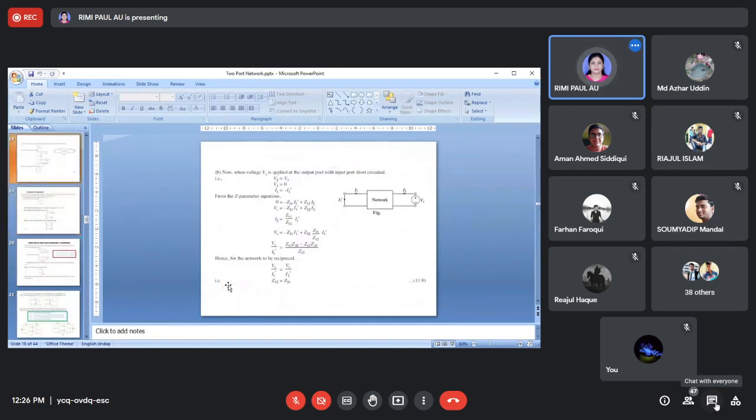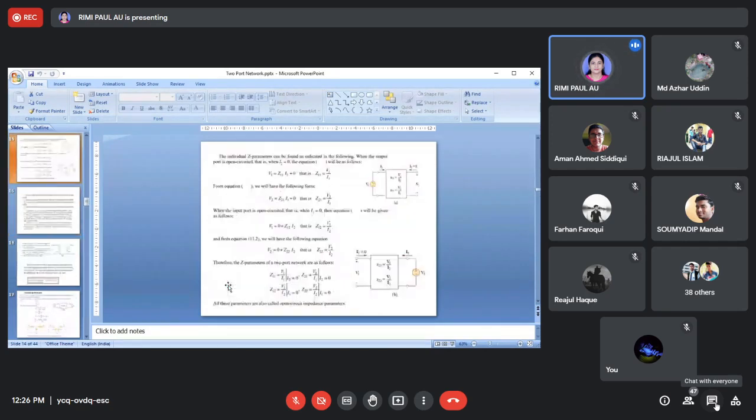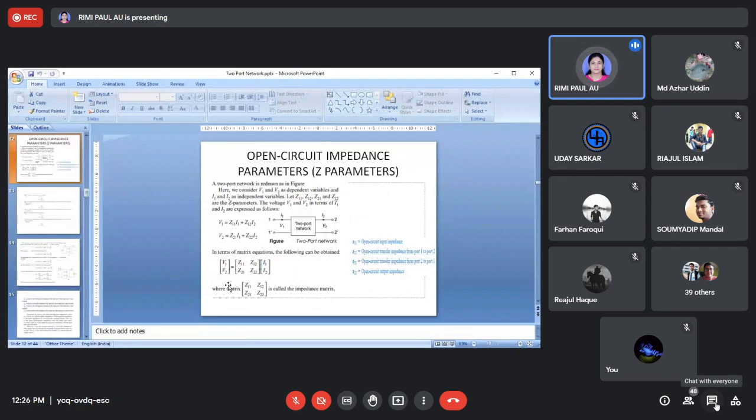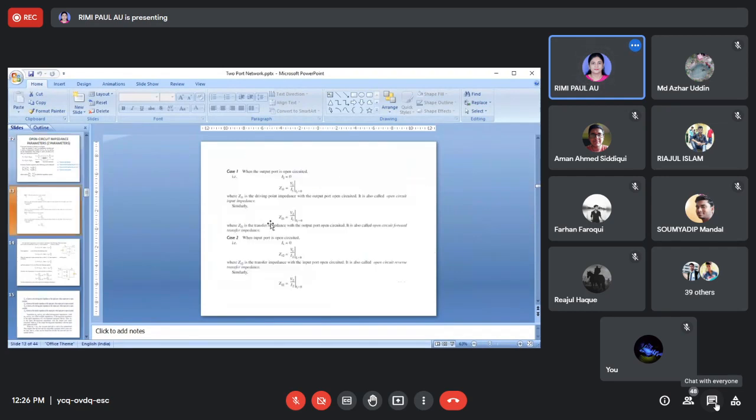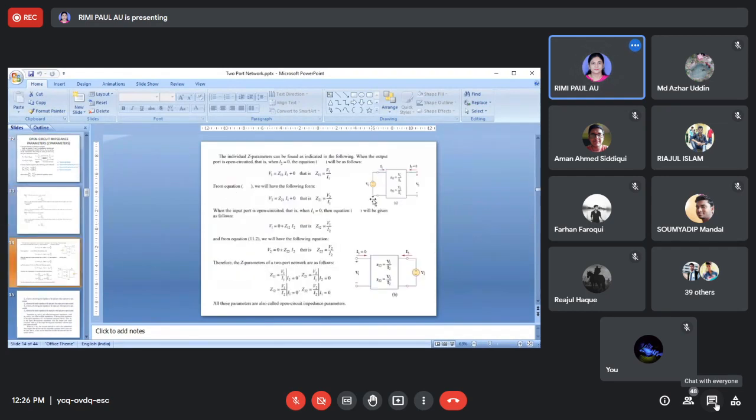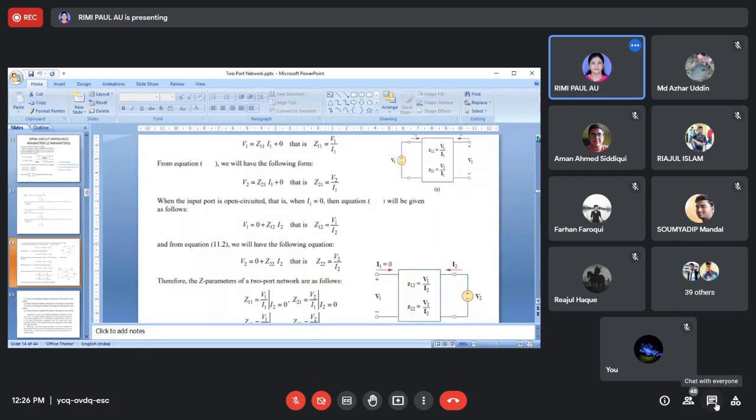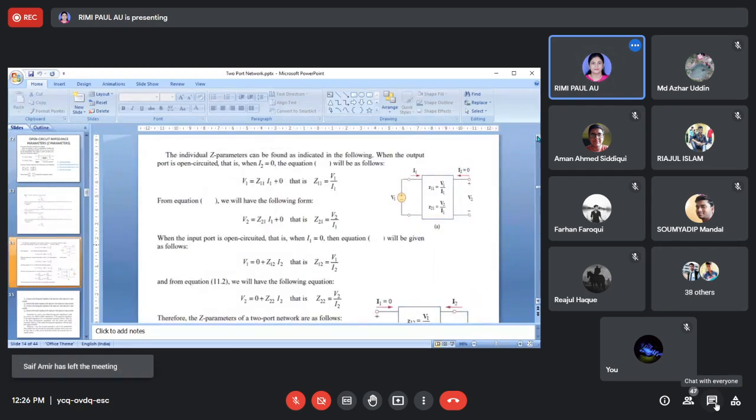Now, going to the Z parameter, first we need open circuit. I don't know what is present in this black box, so I give a supply voltage here.